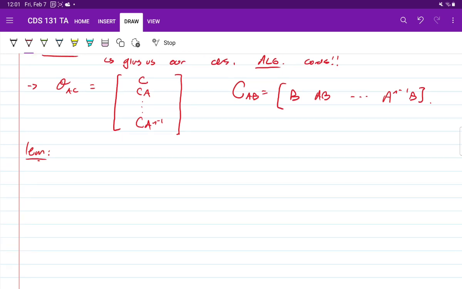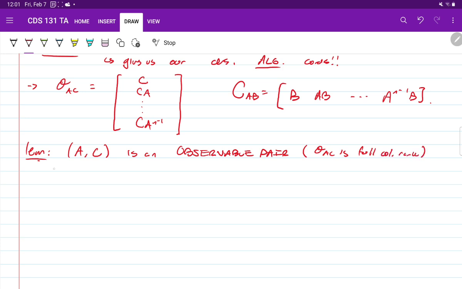All right, so what I'm going to say is (A, C) is an observable pair, right? Which just means that O(A,C) is full column rank, if and only if the pair (A transpose, C transpose) is a controllable pair. Okay?